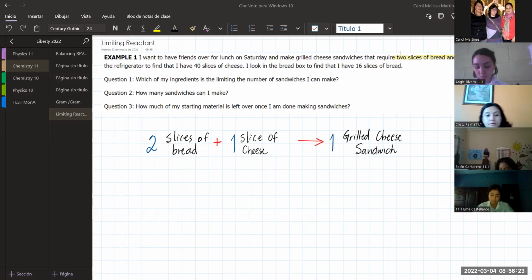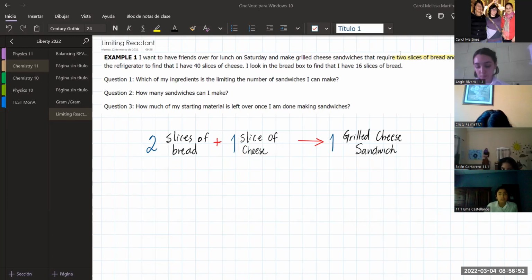So I can translate this recipe into a chemical equation, more or less. The first ingredient is slices of bread. I need 2. My second ingredient is cheese. I need only 1 slice of cheese to make one grilled sandwich.